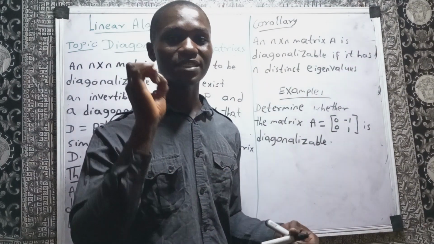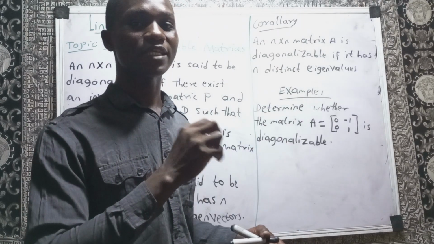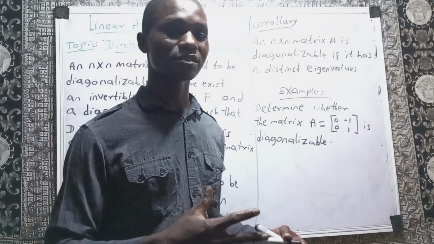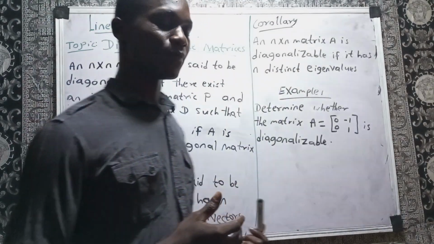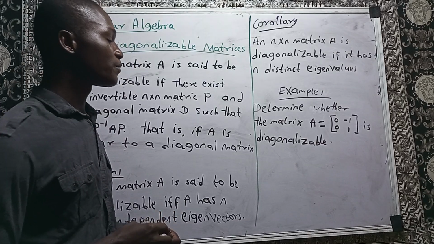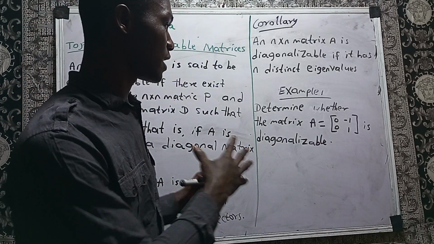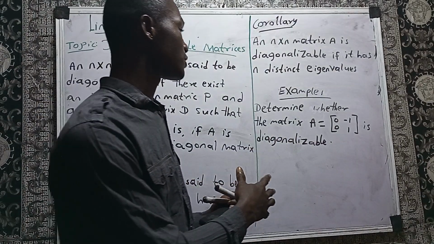This is because if it has distinct eigenvalues, then if you compute the corresponding eigenvectors of each of the eigenvalues, those eigenvectors must be linearly independent. So with that, we can go straight to this example and see what this corollary and the theorem is telling us.